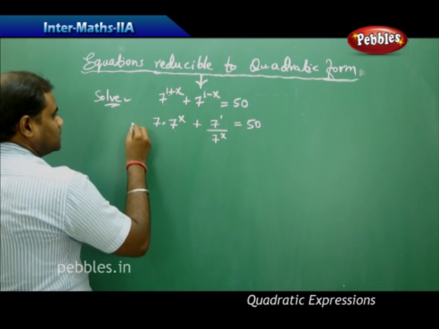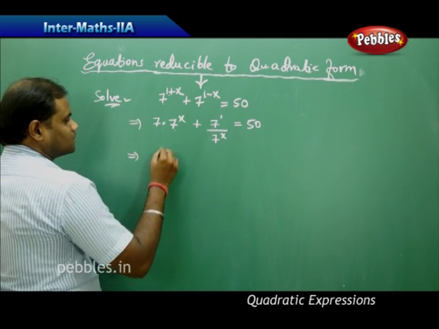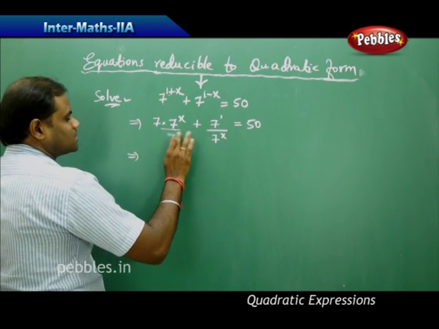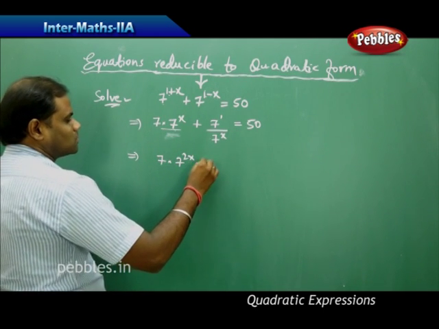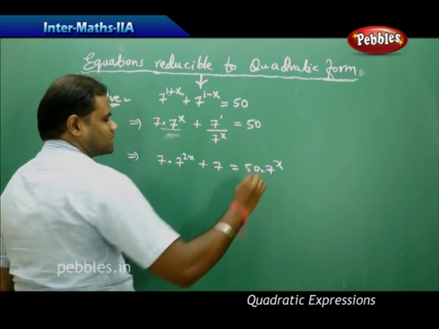Now proceeding similarly, taking LCM or multiplying throughout with 7 power x, I get 7 power 2x plus 7 equals 50 times 7 power x.